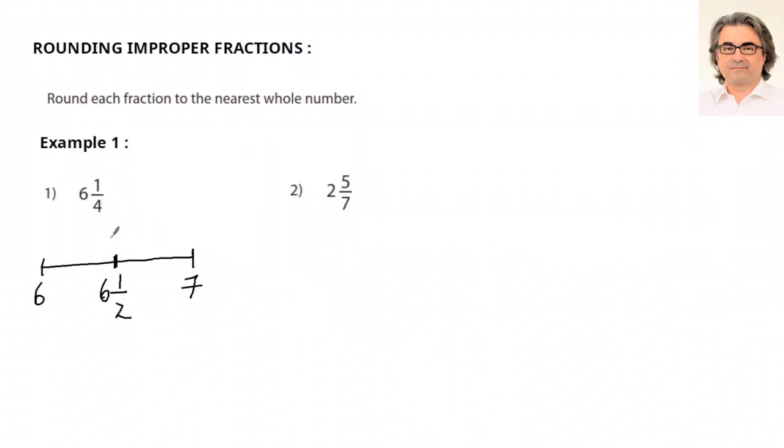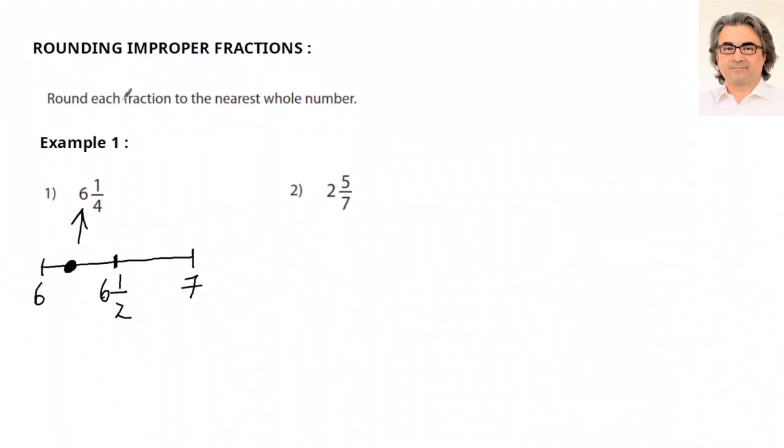So my number, 6 and 1 over 4, should be between 6 and 6 and 1 over 2. So my number is closer to 6 than 7.